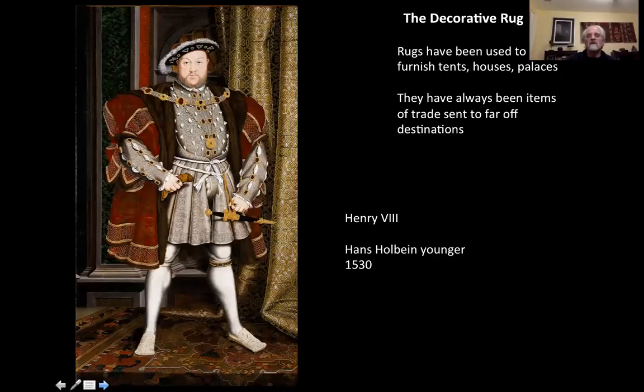Okay, so this section is on decorative rugs and the whole notion of a decorative rug in the West. So as I mentioned earlier, carpets, Middle Eastern carpets, were prized in Europe. They were very popular. They made their way into the palaces and the houses of the wealthy. And you often see them depicted in paintings. So here's an example of Henry VIII standing on an Anatolian rug, painted by the younger Holbein.